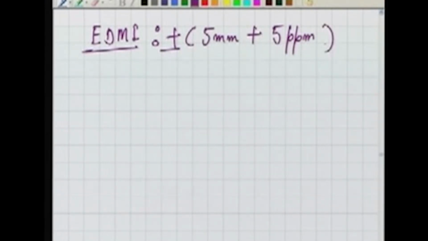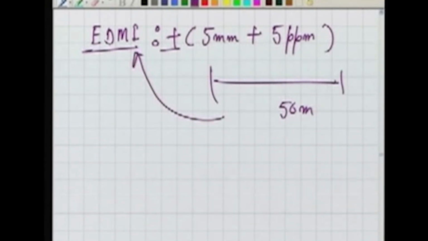Let us say there is a distance of 50 meter, and we want to measure this distance using this EDMI or using a tape. The question is, which should we use out of these two, tape or EDMI? So we can do a little analysis here, some little computation in order to arrive at a particular value.